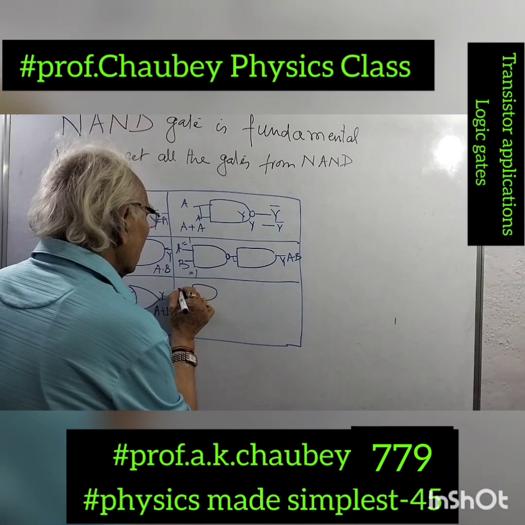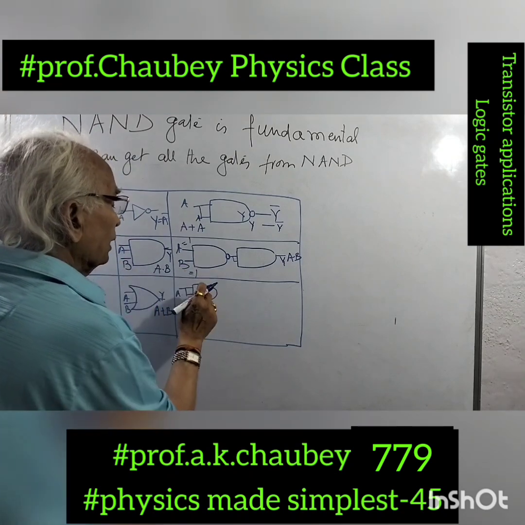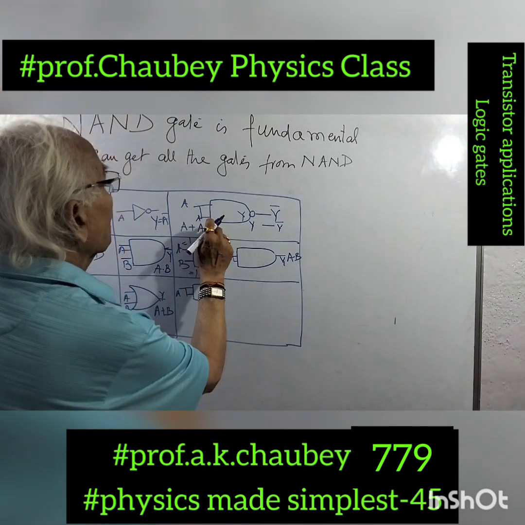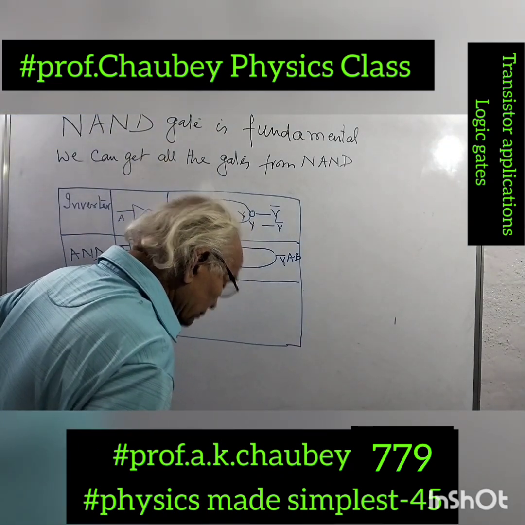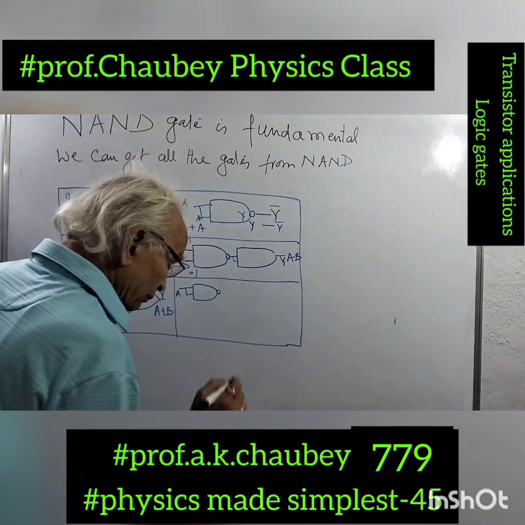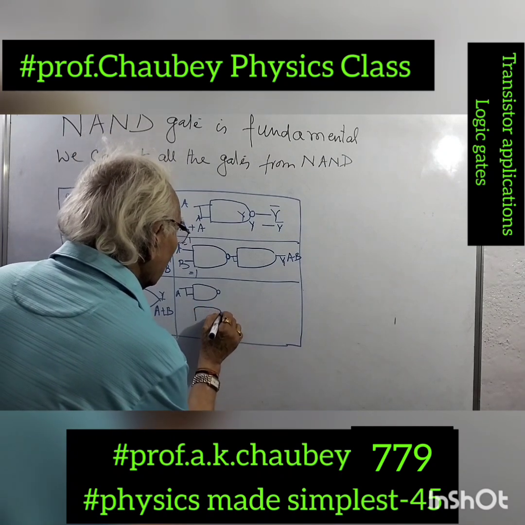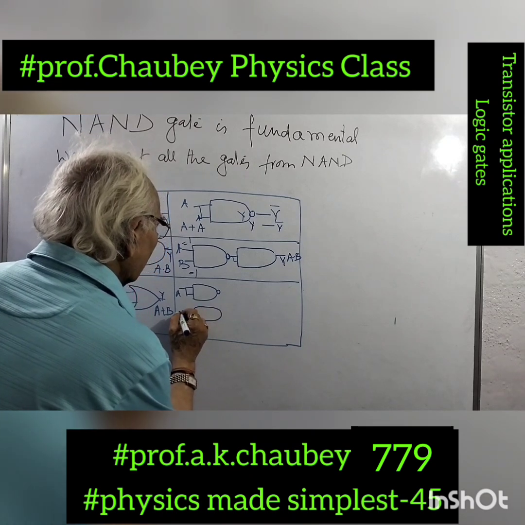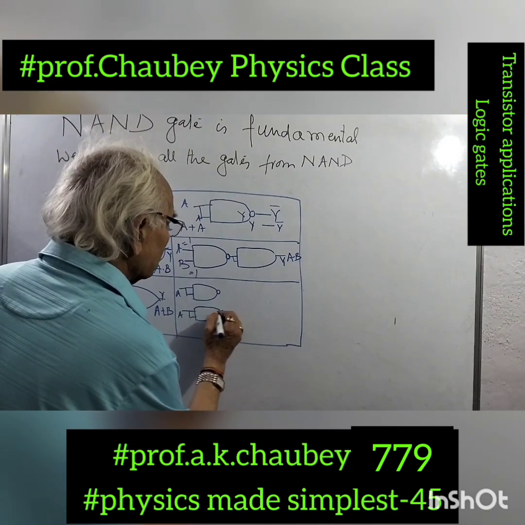This is connected here, and we have one input here, A. This is the inverter, which we have already made. So we take this inverter, and we take another inverter from the NAND gate, which is also shorted here.